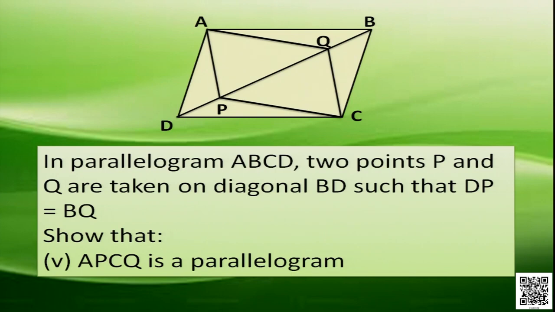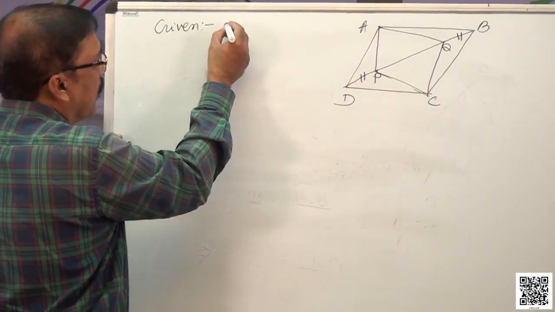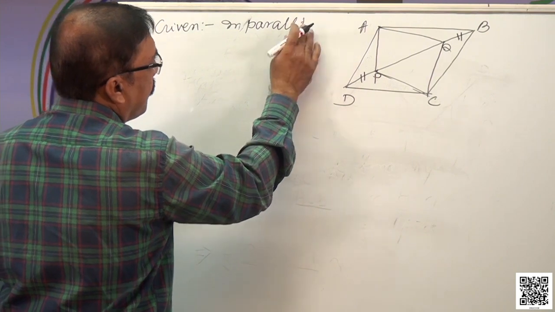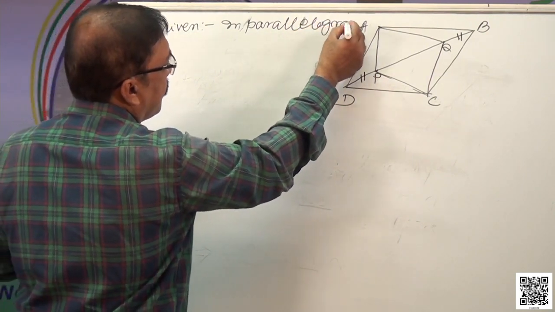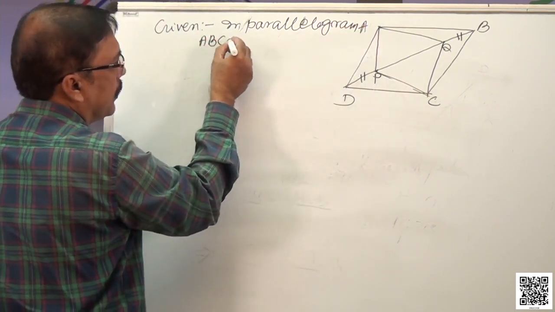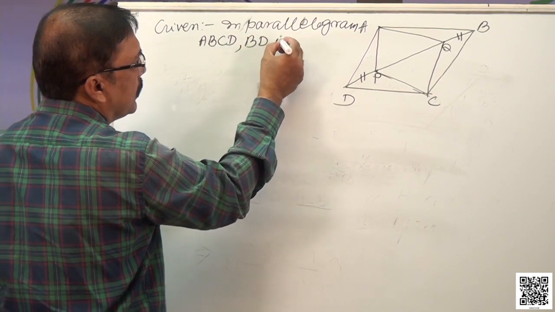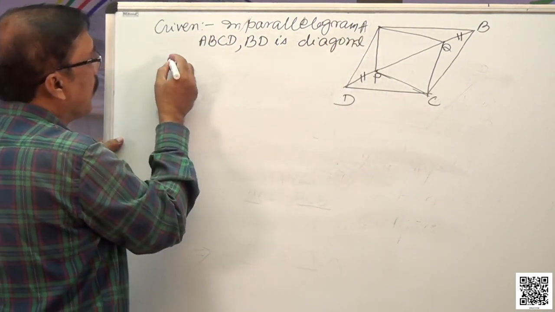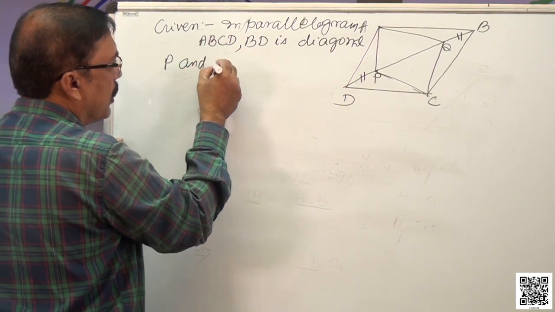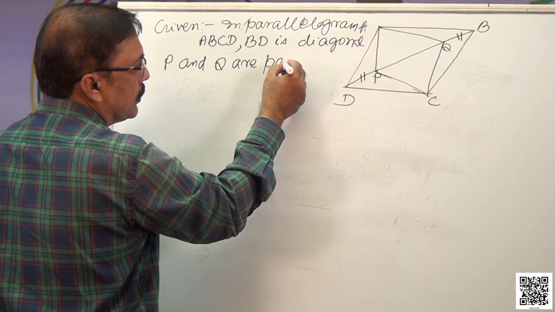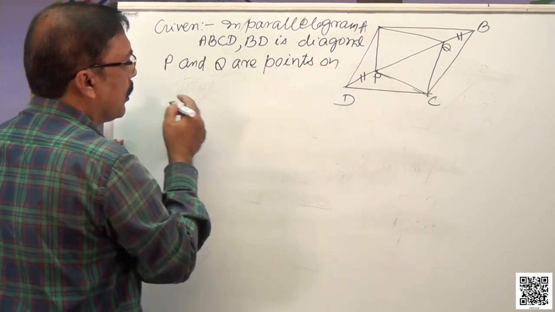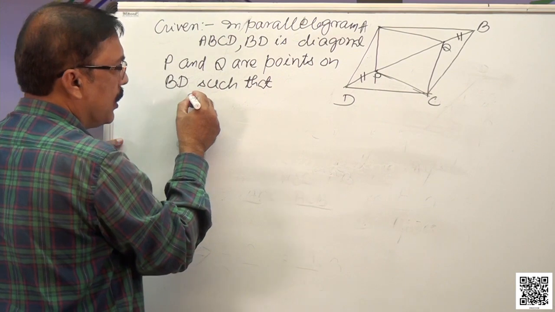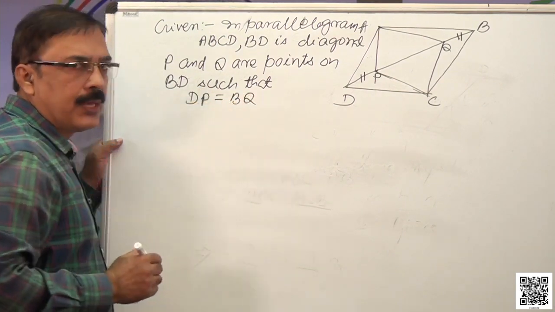So, here it is as given in parallelogram ABCD, BD is diagonal and P and Q are points on BD such that DP is equal to BQ.